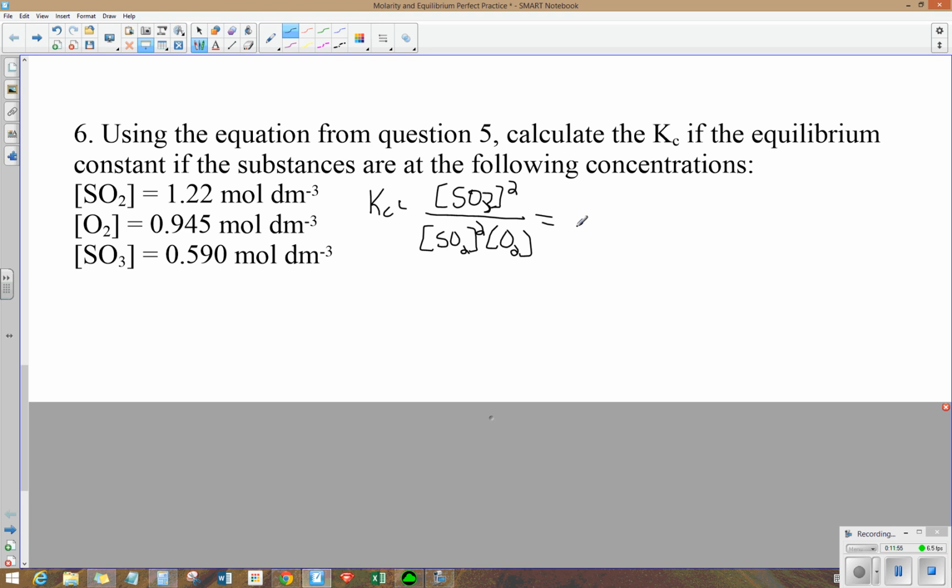Starting with SO3 here, the concentration is 0.590, and that number is going to get squared, divided by the concentration of SO2, which is 1.22, and that number is squared.